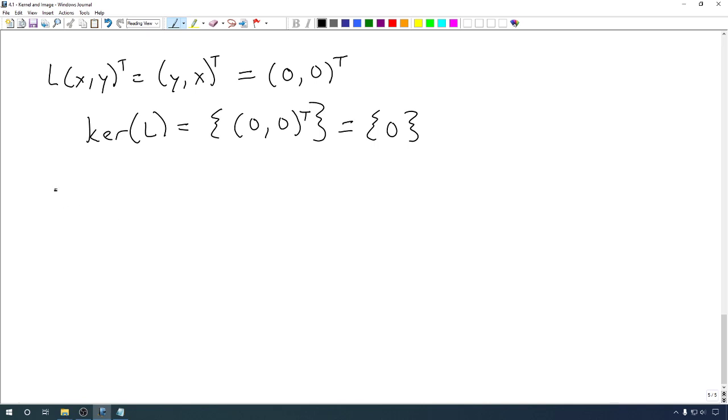What about the range of this function? What is L of R2? Well, we can ask ourselves, what possible vectors can we get out of this? If we want a particular vector, we just pick y and x to make that work. So if we want the vector (3, 1), we want this y to equal 3 and this x to equal 1.